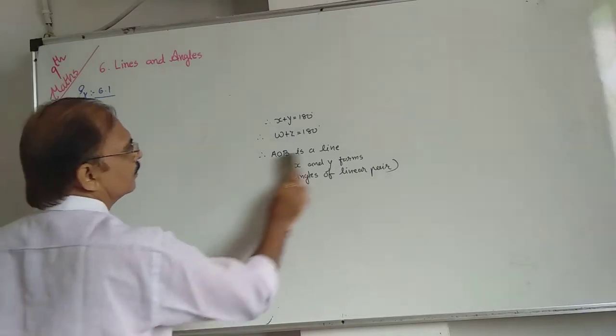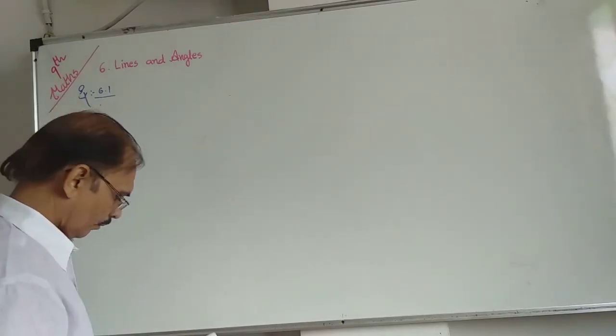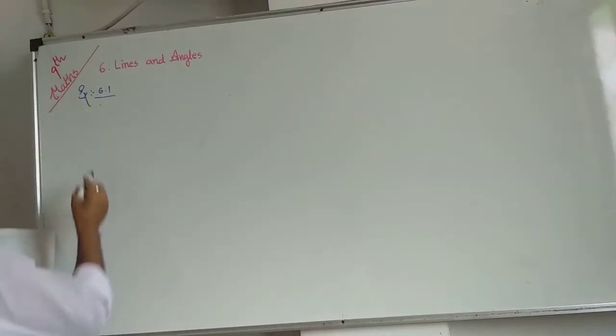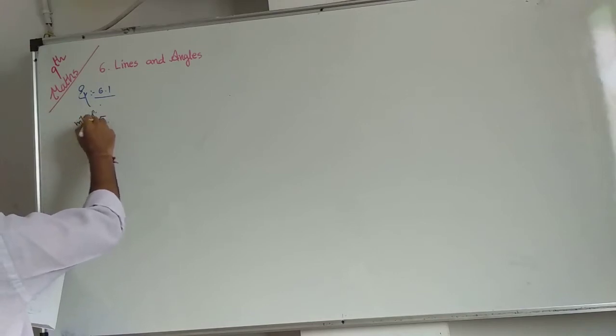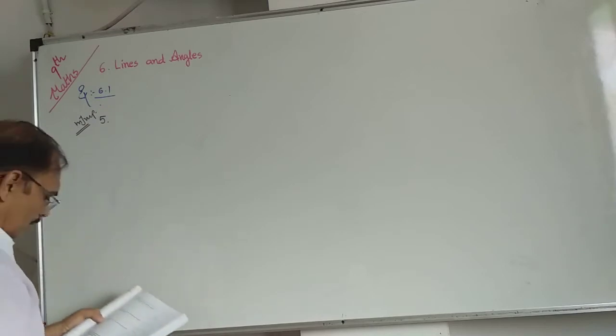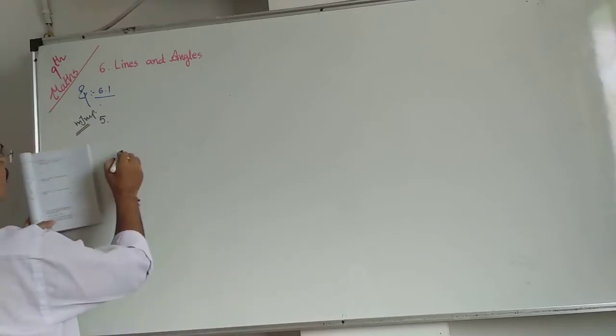Now number 5. Most triangle. Again a diagram is given.